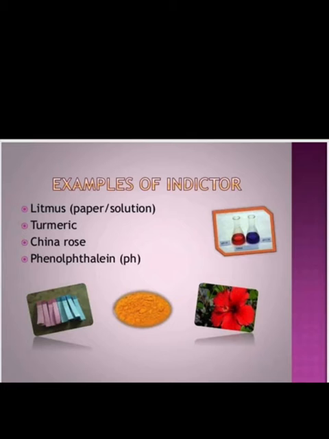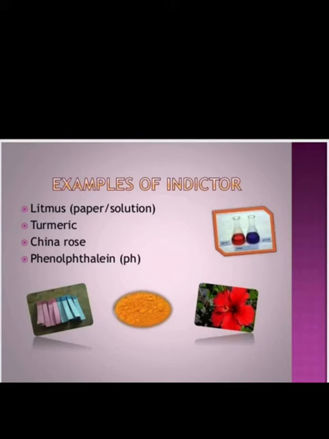If we want to know whether a particular solution is acidic or basic, we put a few drops of litmus solution into that solution. If the litmus solution turns red, we can say it is acidic in nature. If it does not change to red, we can say it is basic in nature.